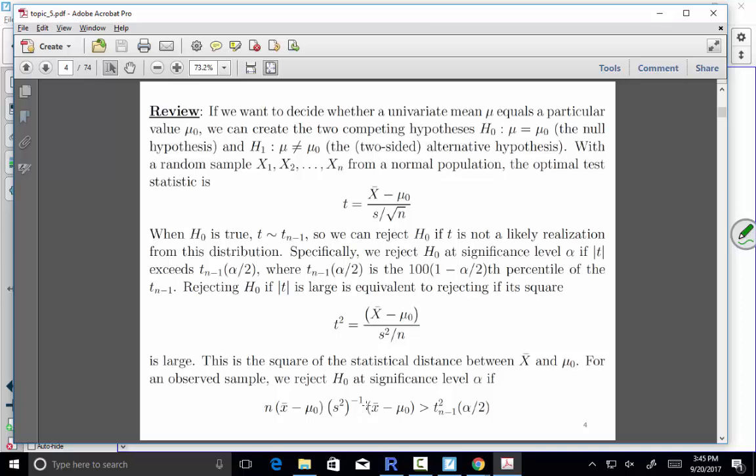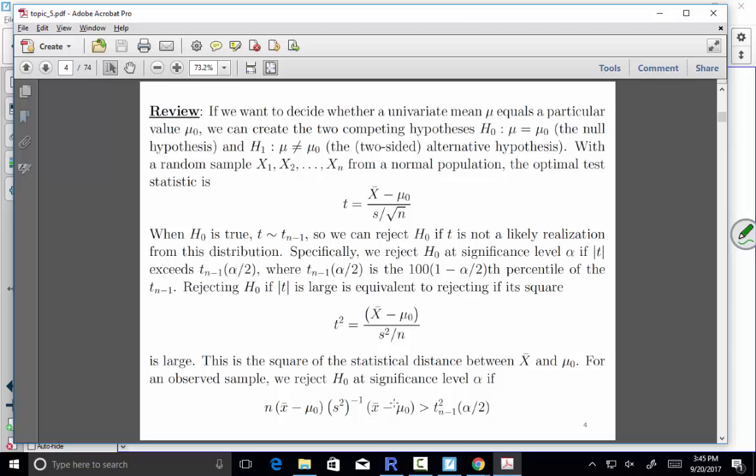The reason I wrote it this way is because of the form it takes when we go to multivariate. It's a constant sample size times the difference between the mean and the null mean, times the inverse of the variance, times the difference between the means again.